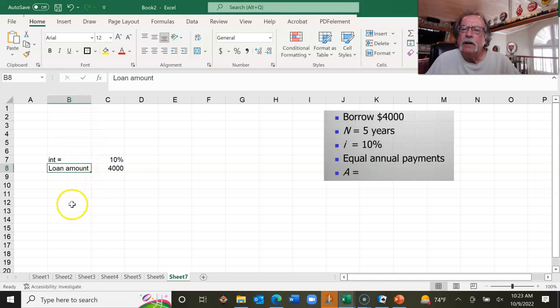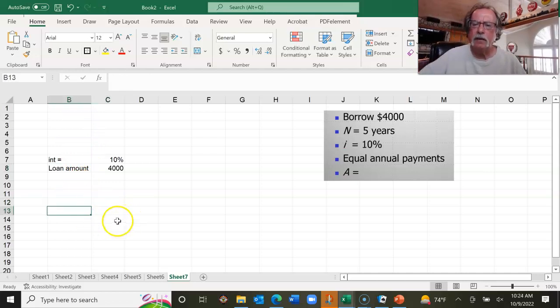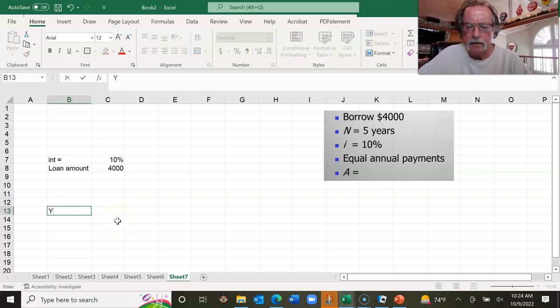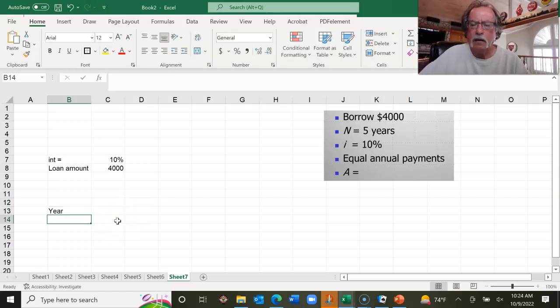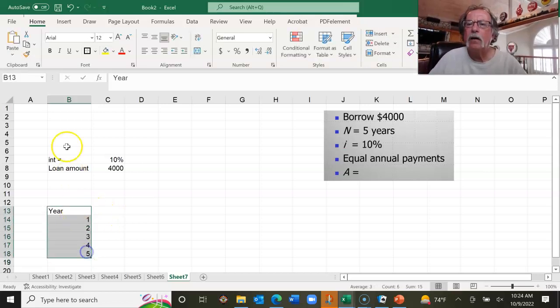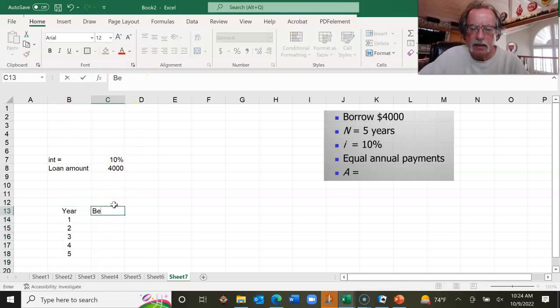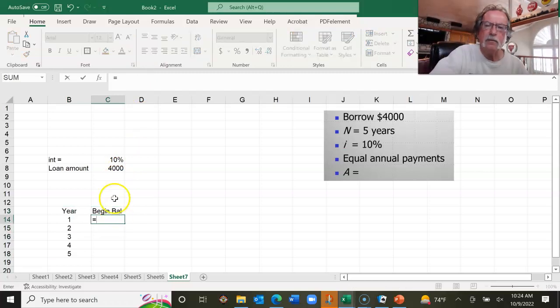Okay, so what we're going to do here is we're going to have year 1, 2, 3, 4, 5. We're going to have beginning balance. Okay, that's going to equal $4,000.